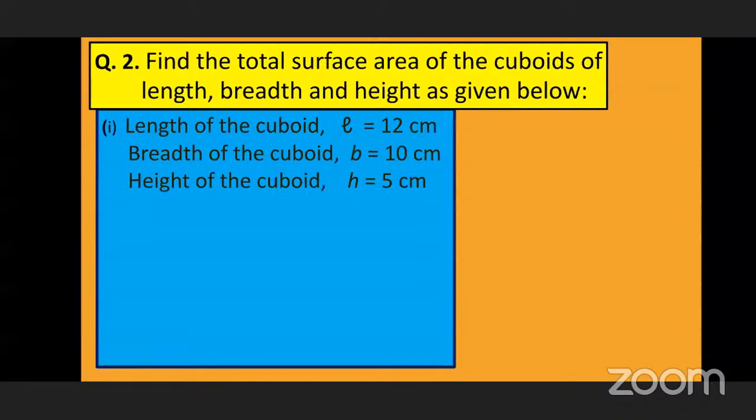The height of the cuboid is 5 centimeter. And we have to find the total surface area of the cuboid. What is the cuboid?